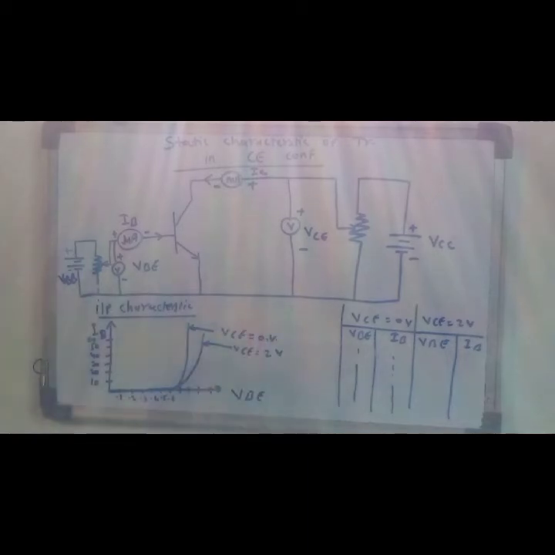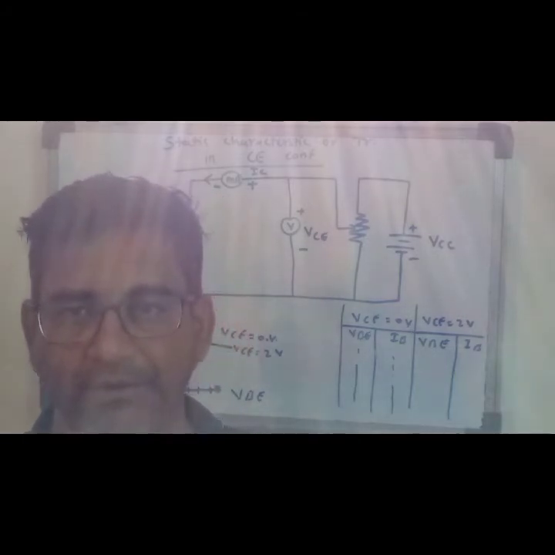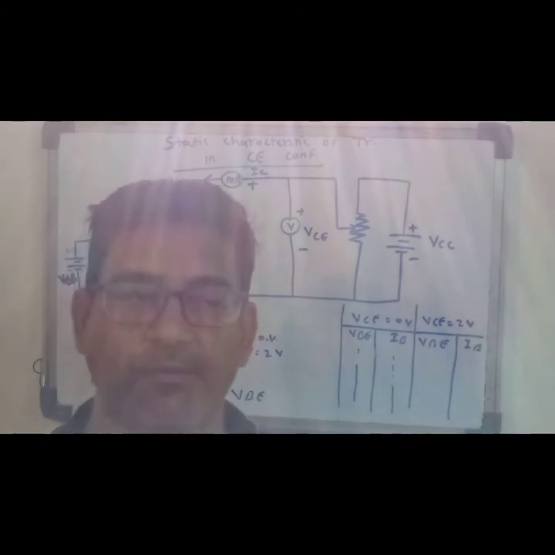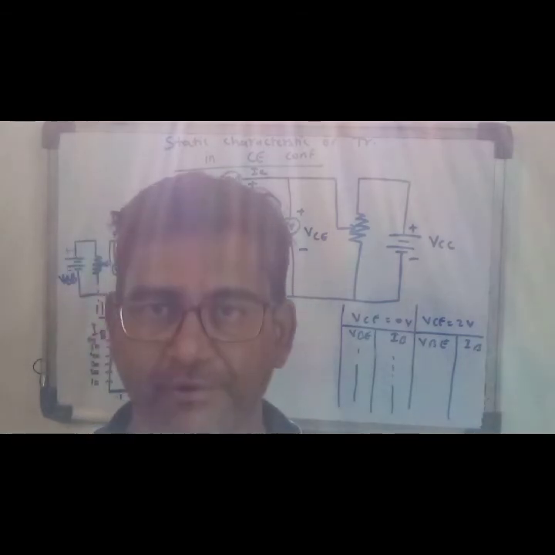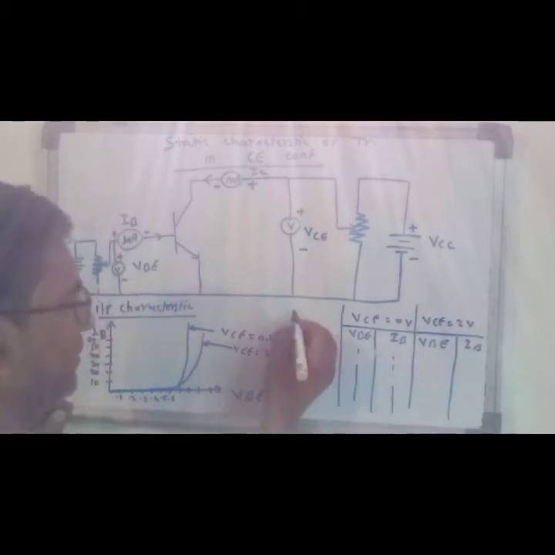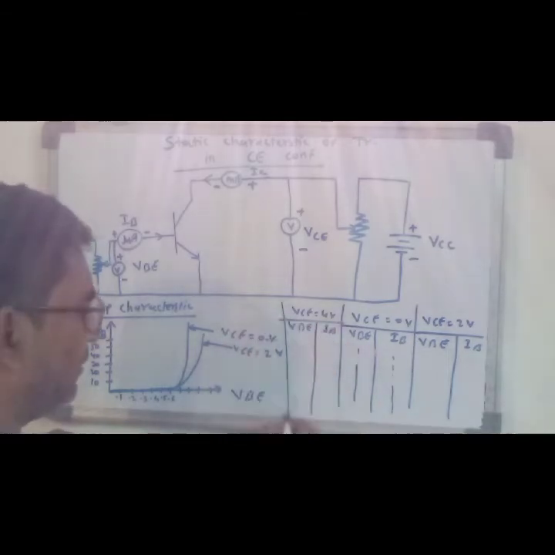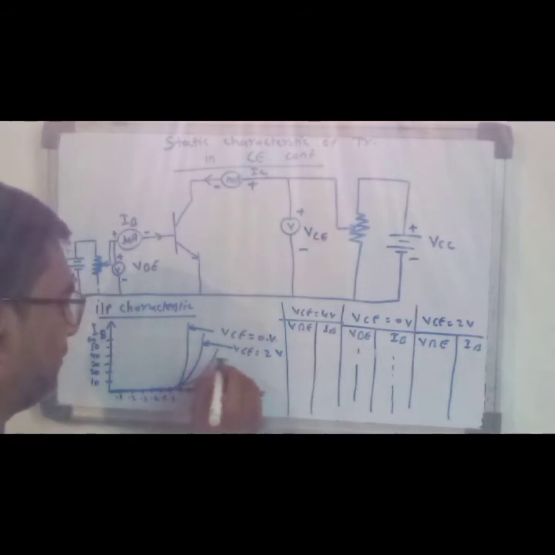So in the different formation, if we change the value of VCE to a particular volt, then we will obtain the graph in such a way that it is the same as the forward bias of a PN junction diode. Okay, so when you again change VCE equal to 4 volt, again you take the reading VBE and IB, you will get this one, that is VCE is equal to 4 volt.